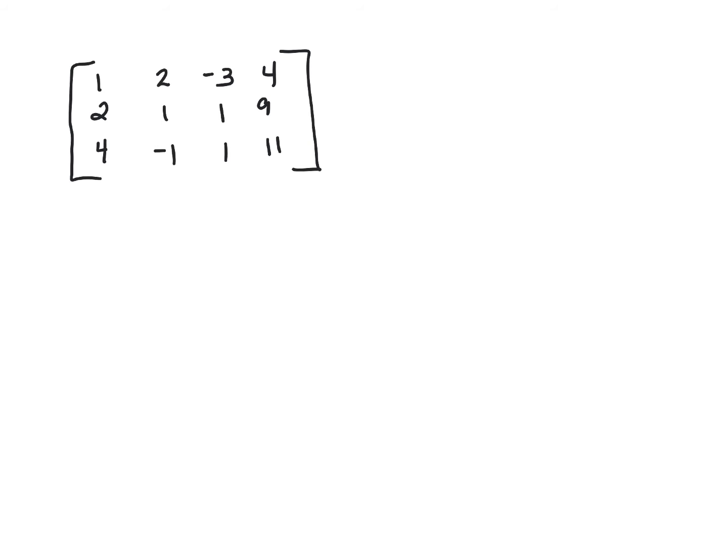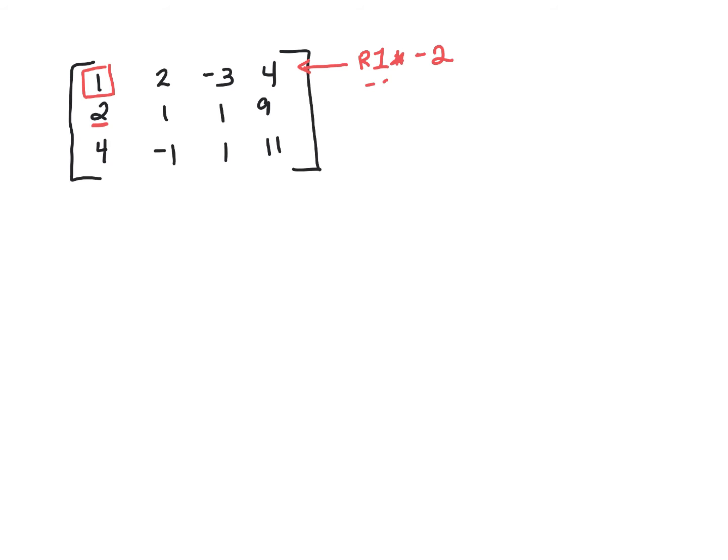So what we want to do is first get the number 1 in this first column, which we already have. So what we usually do is we're going to use that 1. I want to get this to be a 0. So I'm going to multiply this top row, row 1, by negative 2.